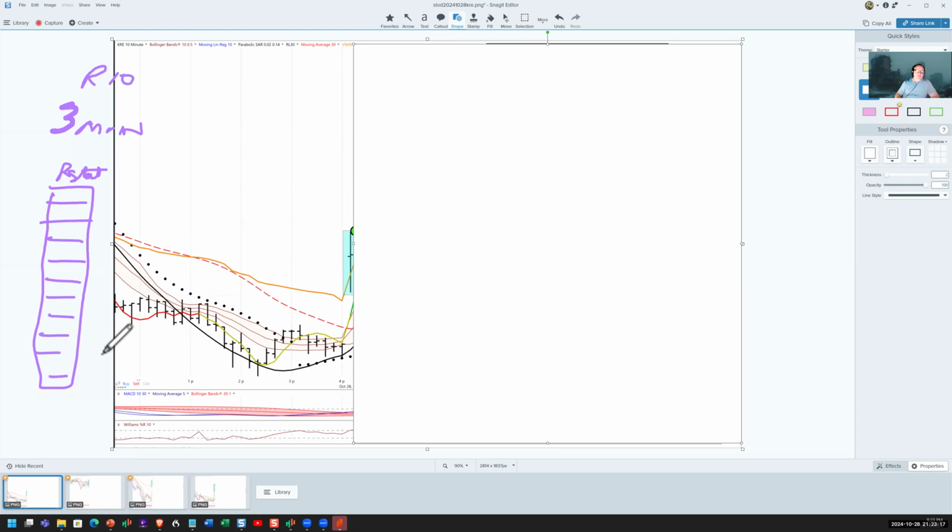So the R10 is 1/10 of a range stat. And on a 3-minute bar, that's usually enough to get you in. And now you have a very tight stop. But price tends to be a little noisier.